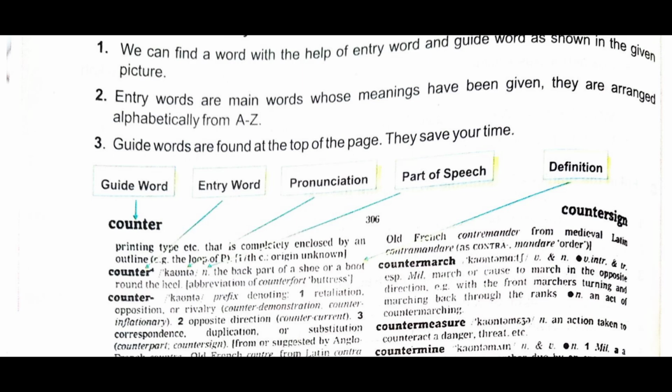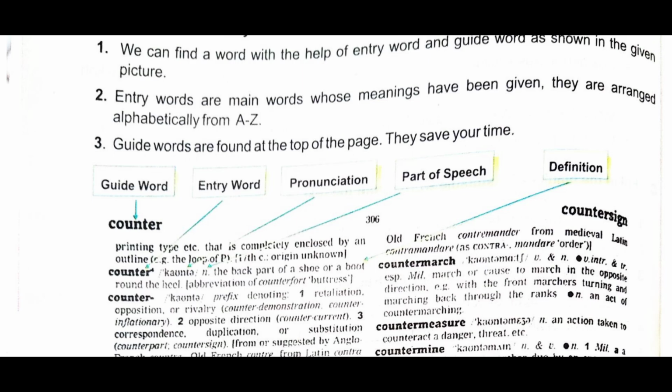For example, printing type, etc., that is completely enclosed by an outline. For example, the loop of the letter. For example, the back part of the shoe or boot, counter.